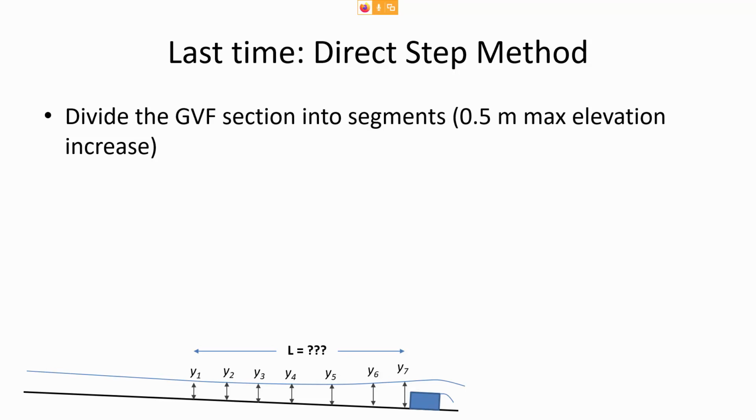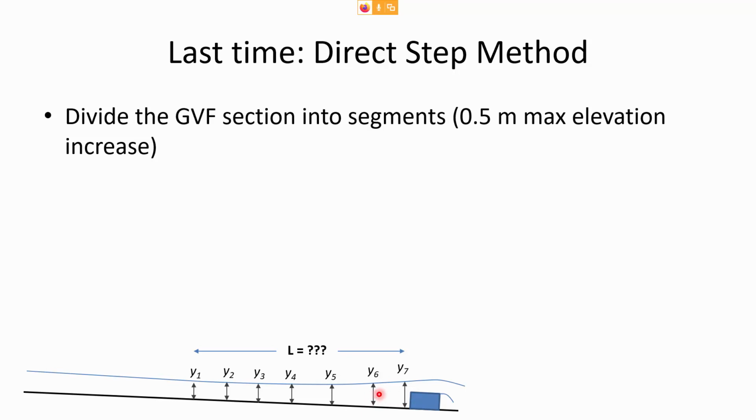So you can see in this diagram down at the bottom of the screen, our approach, what we did was we divided that curve up into segments and we linearized within each segment. And so what we did was we found, for example, the depth of water that was just upstream of the broad-crested weir, and at this location we knew the depth, and what we tried to calculate is what was the segment length to go upstream some distance to another depth.